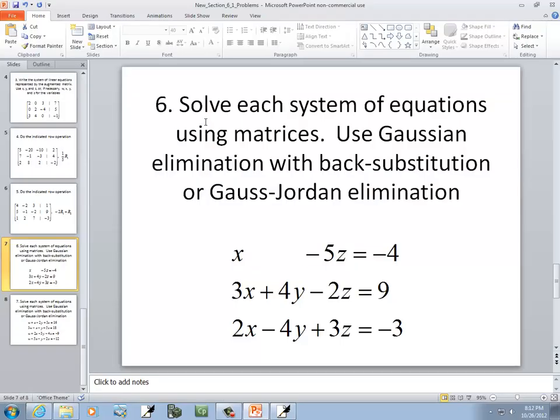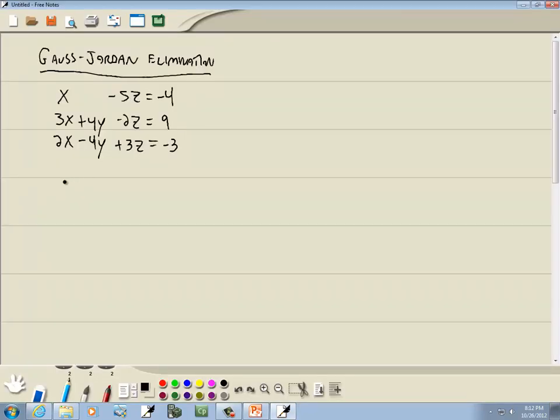And let me double check all my signs, since I screwed that up earlier. I want to be really careful about signs this time. Okay. And I want to write down the augmented matrix that goes with it. So I got 1, 0, -5, -4. I got 3, 4, -2, 9. 2, -4, 3, and -3.